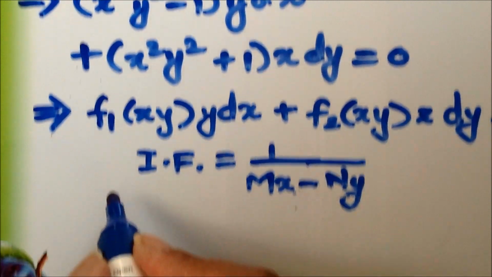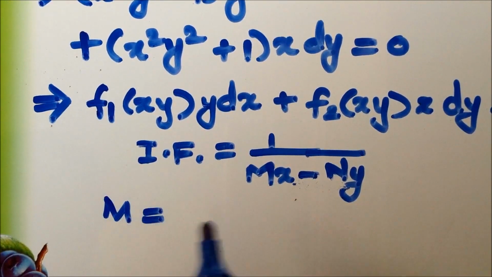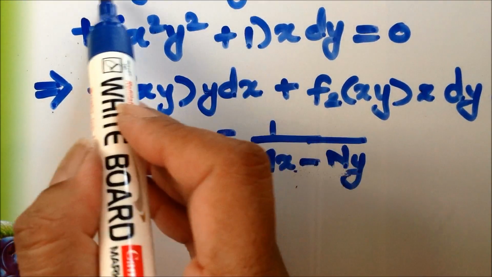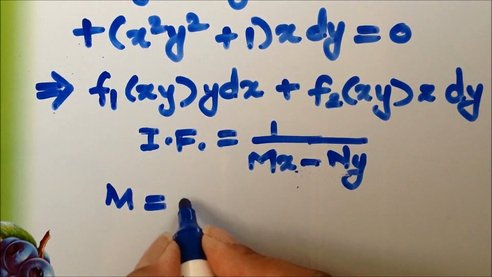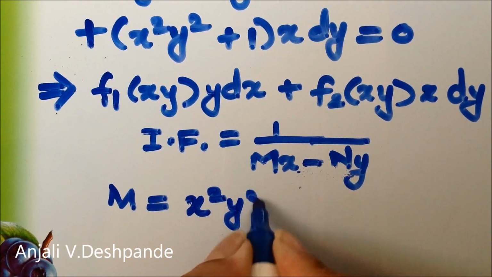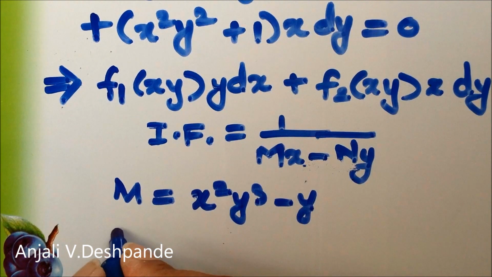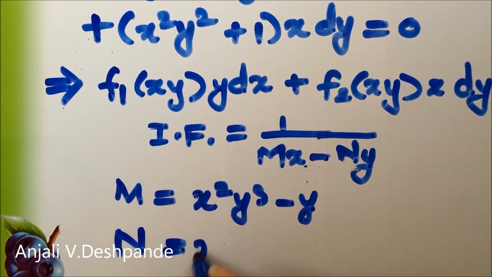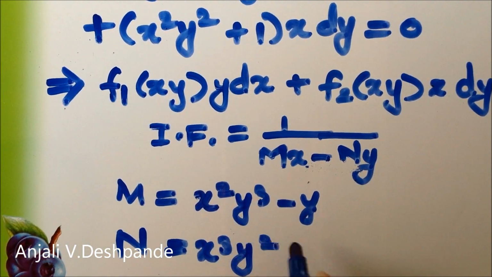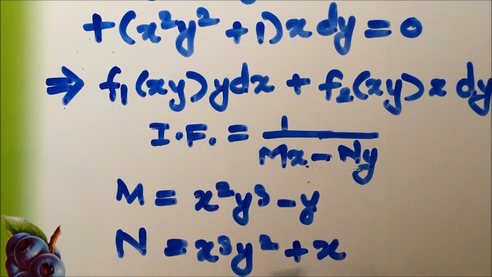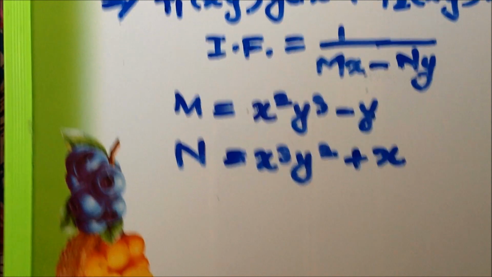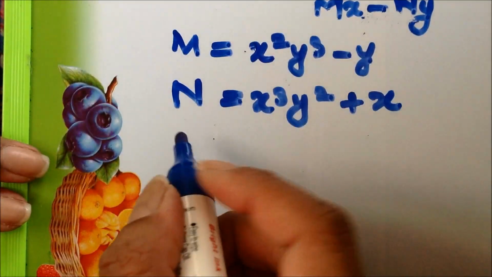Now over here the value of M is, multiplying this y term inside, x square y cube minus y, and N is given by x cube y square plus x. So we will just find the value of Mx minus Ny.